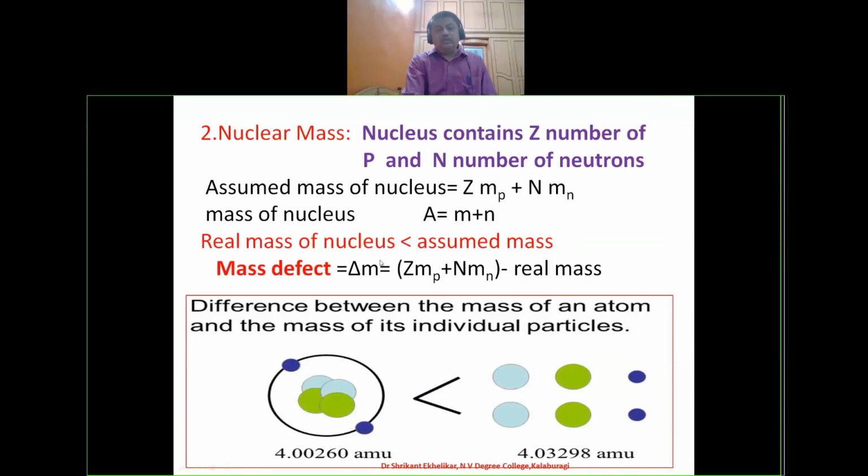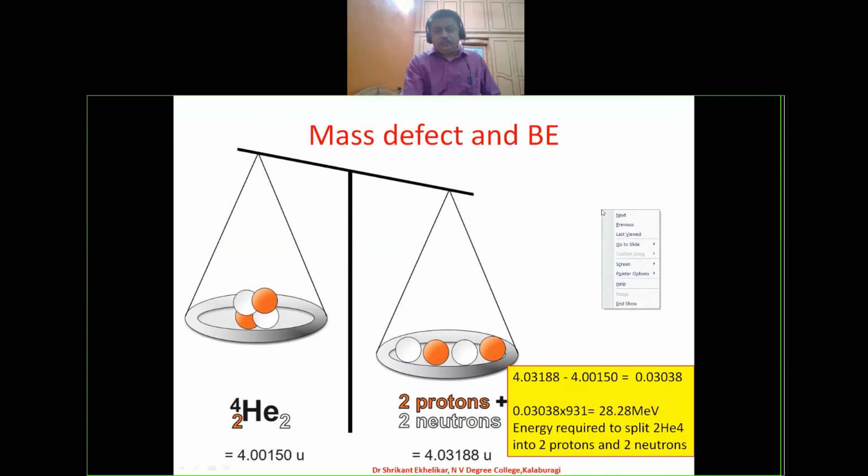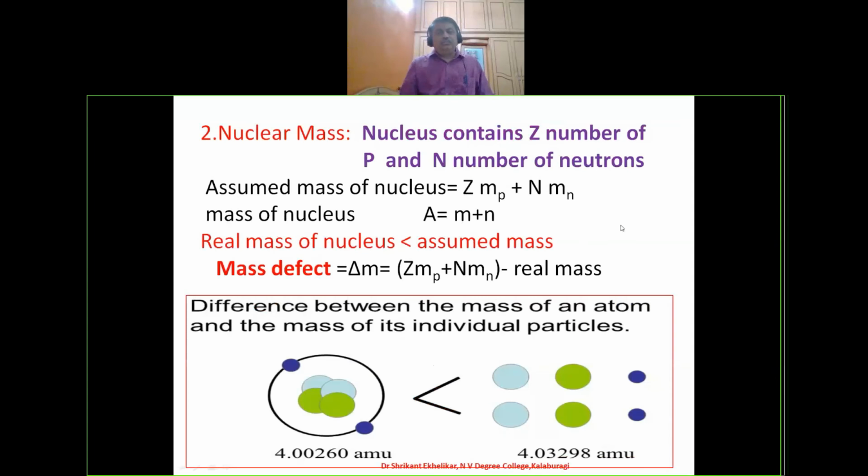So I repeat, the second property of the nucleus is the mass of the nucleus. The nucleus is very small. It consists of only protons and neutrons inside a nucleus. Z is the total number of protons, N is the total number of neutrons in a nucleus.